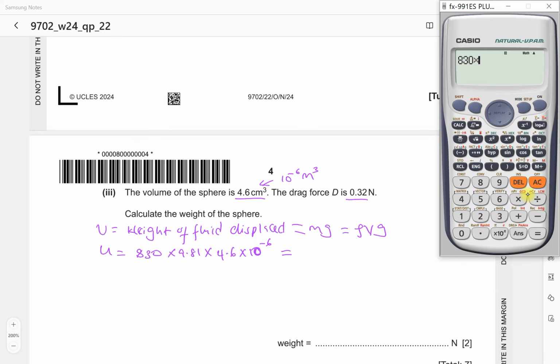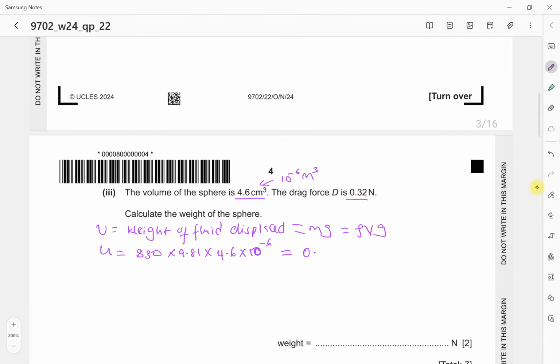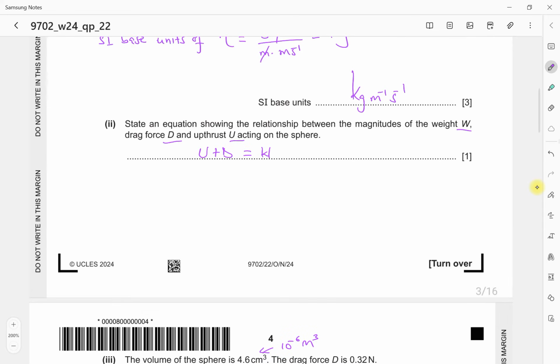830 times 9.81 times 4.6 exponent minus 6. So this is 0.037 newtons. So that is the upthrust. But we mentioned that the upthrust plus D equals the weight.